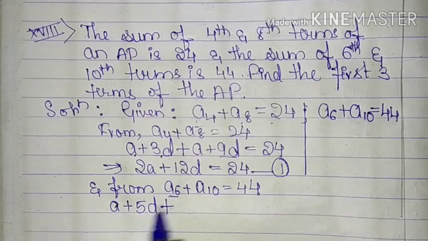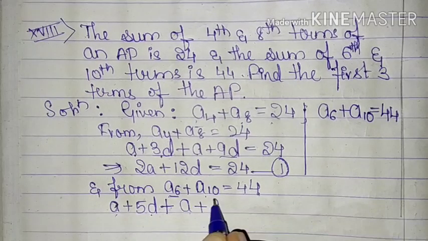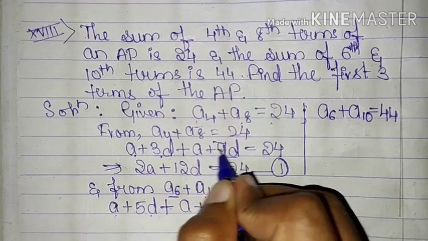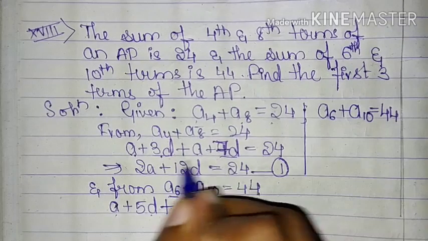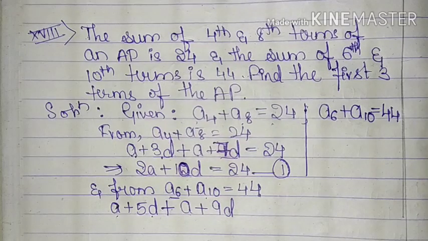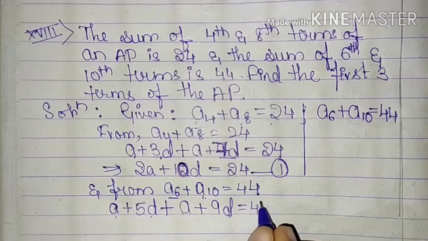A6 can be written as A plus 5D. Similarly, A10 can be written as A plus 9D. Sorry, A8 is written as A plus 7D. So it is 7 plus 3, 10D. Alright, sorry. Please make that correction. And here A10 is A plus 9D, which is equal to 44.